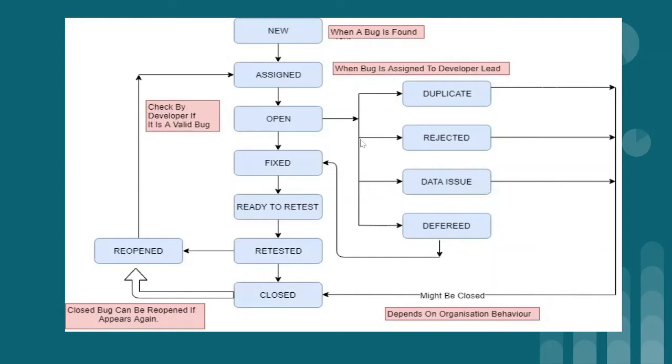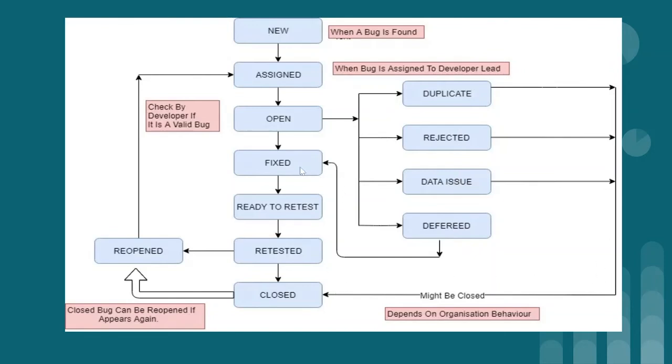That means the functionality is okay, but because of some data the result is not correct, and the data is actually correct, so he will mark it as a data issue. It can also happen that it was a valid defect, but the developer has higher priority defects to work on and will work on it at a later time, so he will mark it as Deferred. All these statuses will finally be closed by the tester.